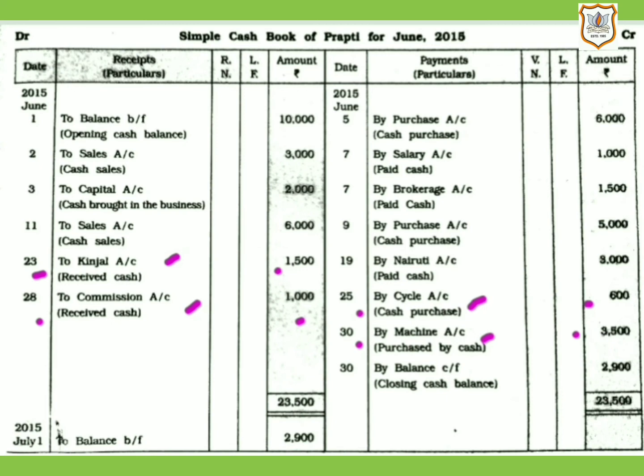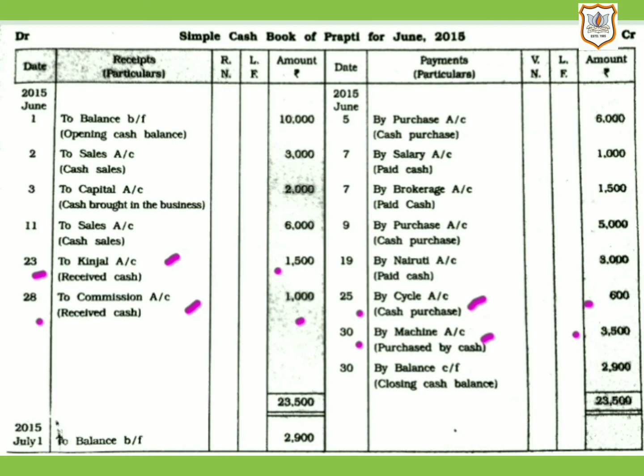Now as we have completed all the recordings, it's time for balancing of the single column cash book. See, the cash book is balanced like an account. The total of the receipt column is always bigger than or equal to the total of the payments column.